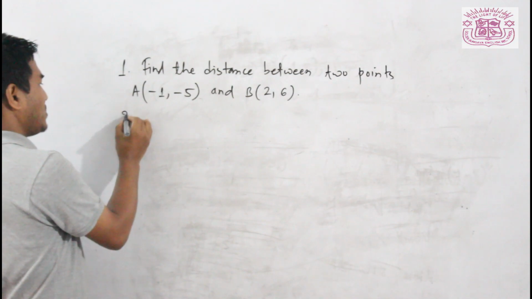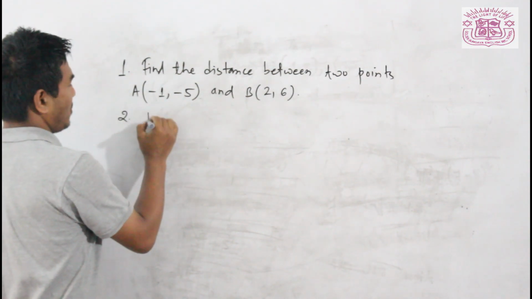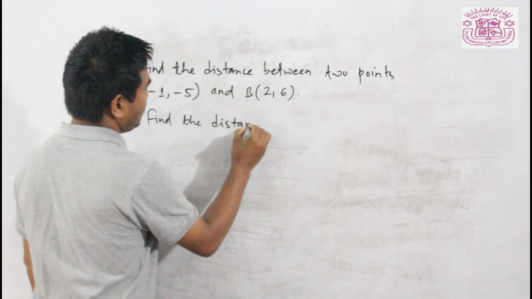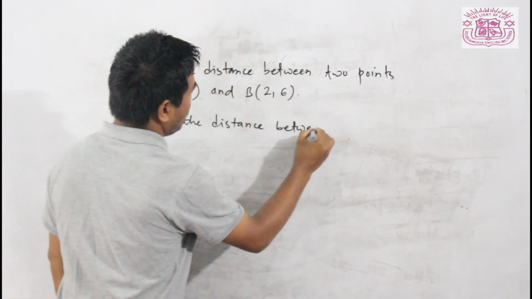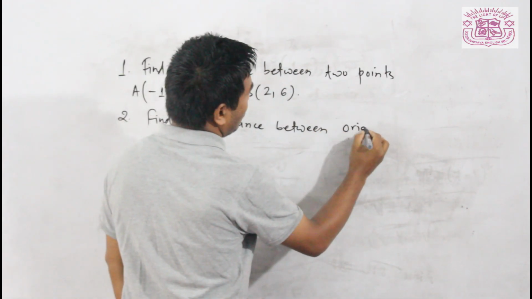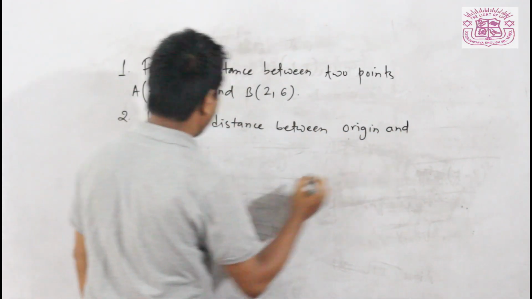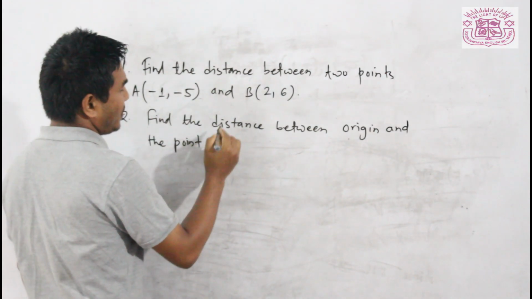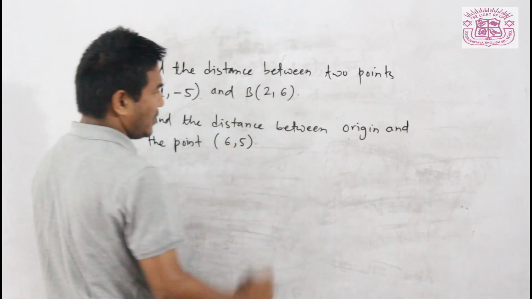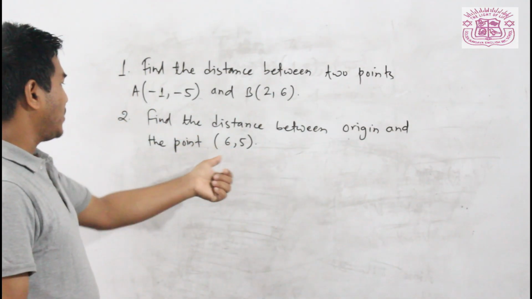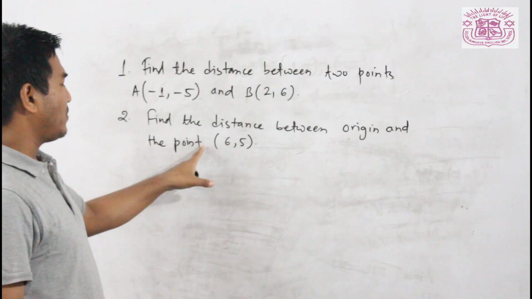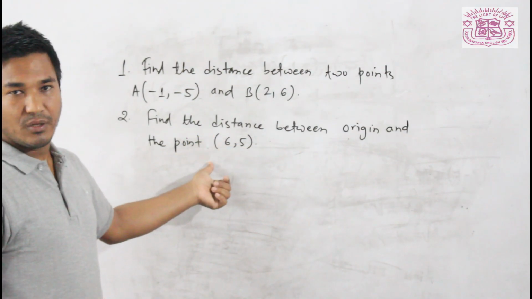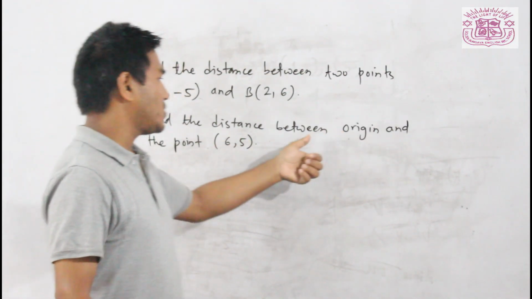This is the first question, and the second question is find the distance between the origin and the point 6, 5. I haven't written the names of the points, so you can write them yourself.